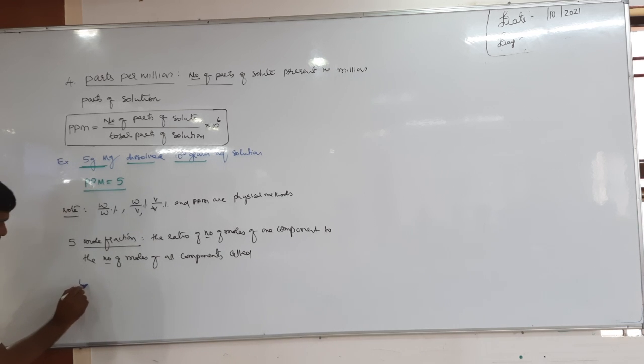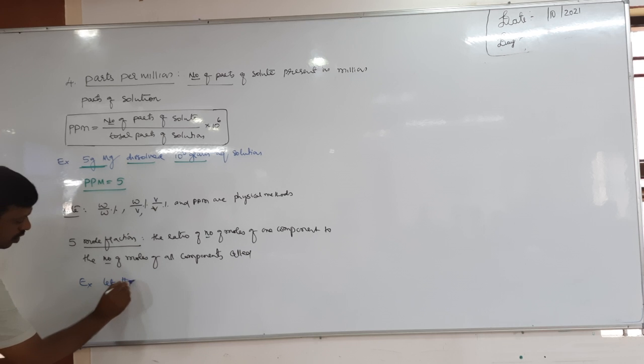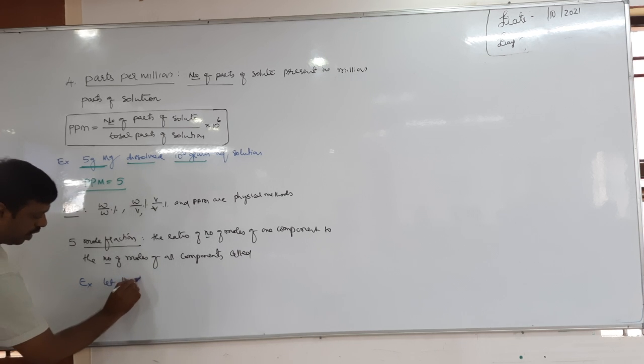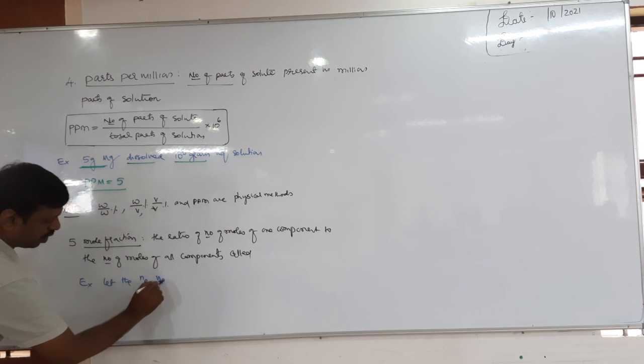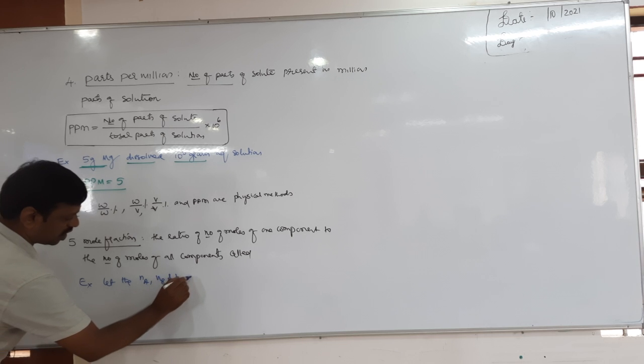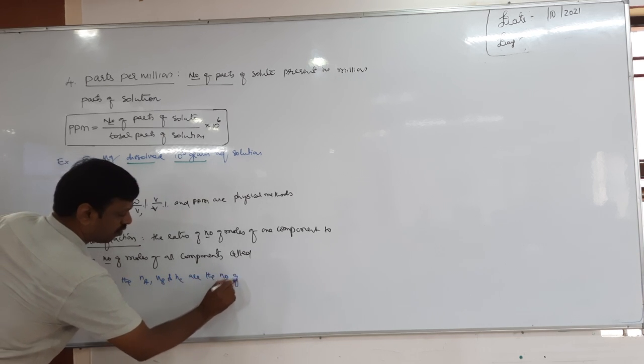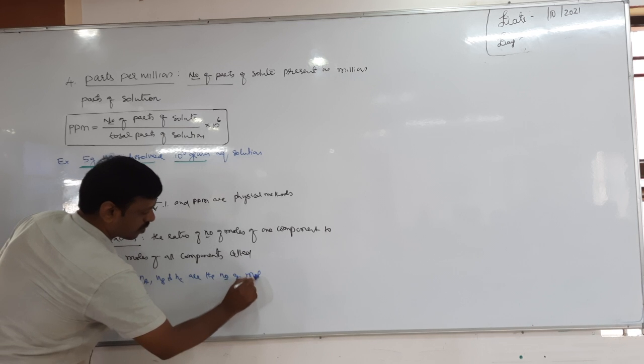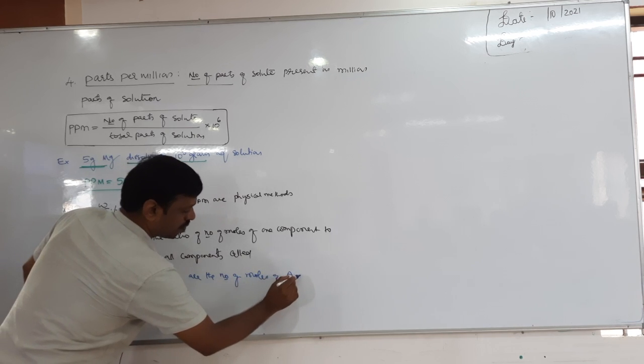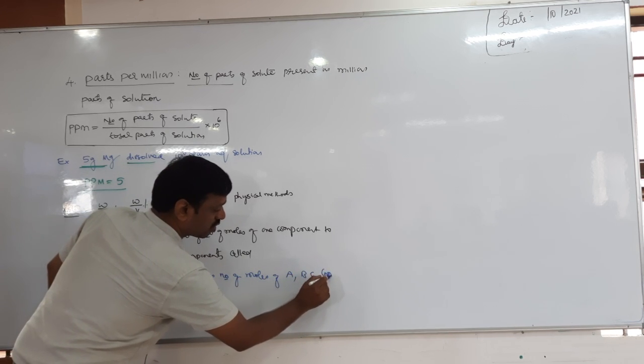Let Na, Nb and Nc be the number of moles of A, B, C components, right?